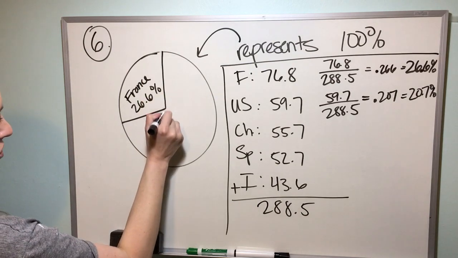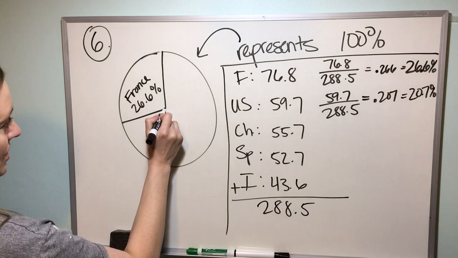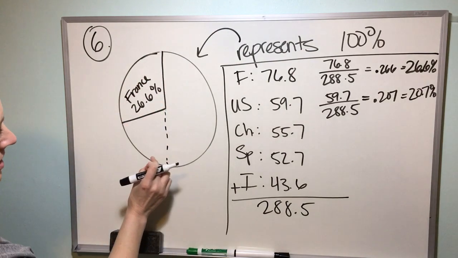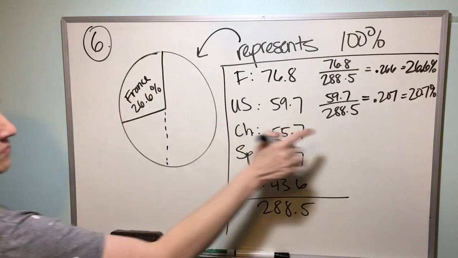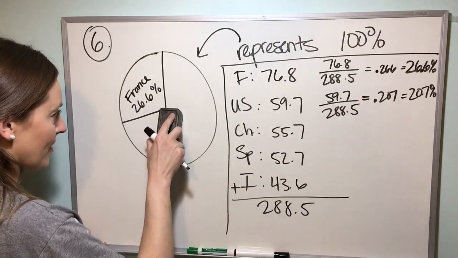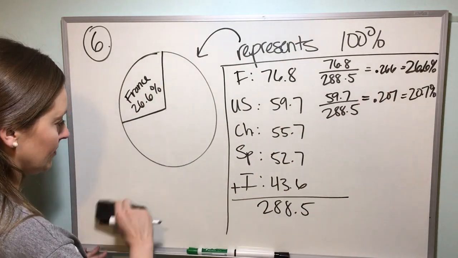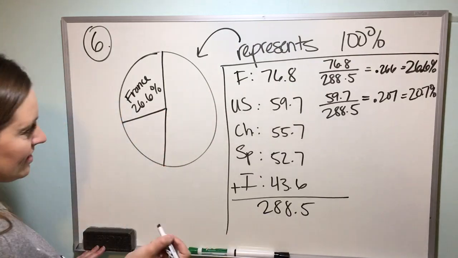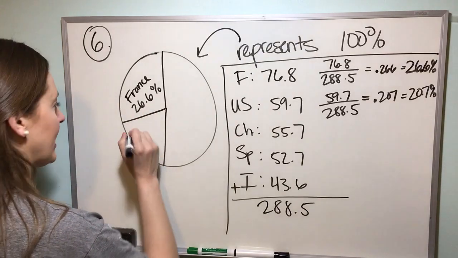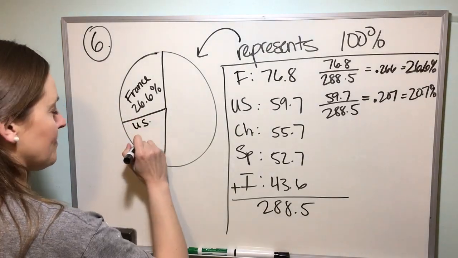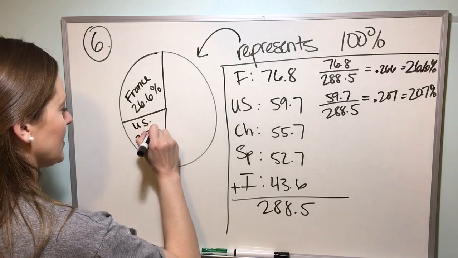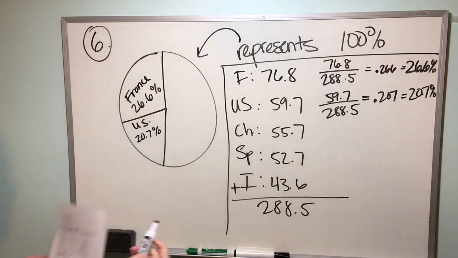And I know if I drew a straight line here, these two pieces would have to add up to 50, that would be half of the pie, and I'm not quite there. So instead of going straight down, I'm going to go like this, a little tiny bit less, and I'm going to say the US at 20.7%. And we keep going around the pie.